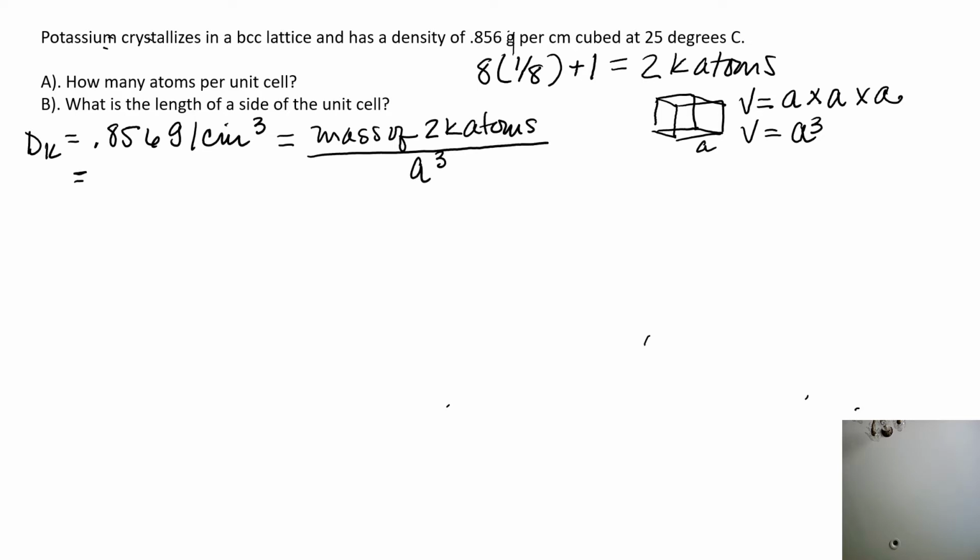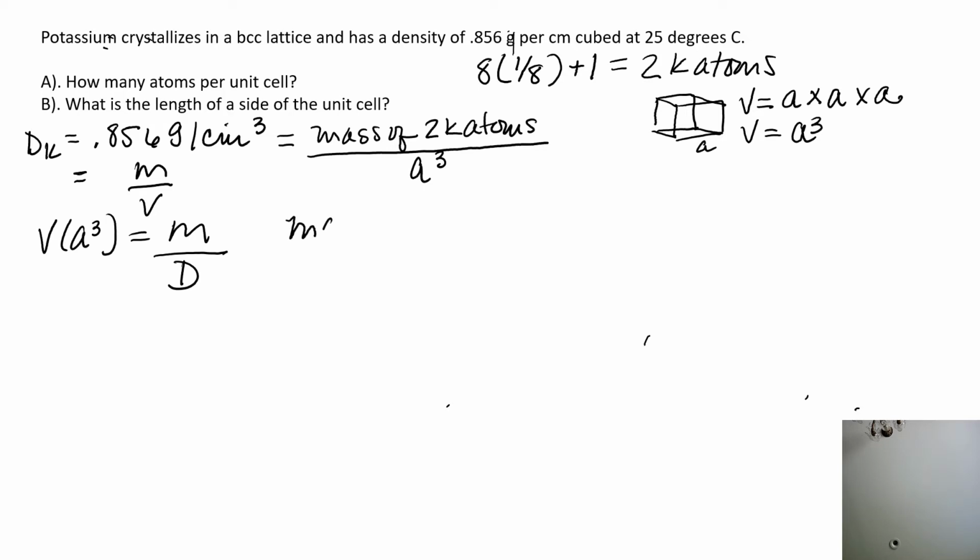Remember, density equals mass divided by volume. So we need the mass of 2 potassium atoms. We already have the density, so we can solve for A cubed. If we rearrange the density equation, we get V, or in this case, A cubed, equals mass divided by density. So we need to calculate the mass of 2 potassium atoms.